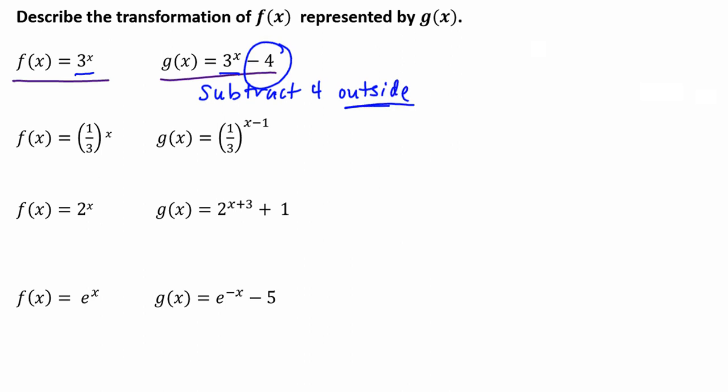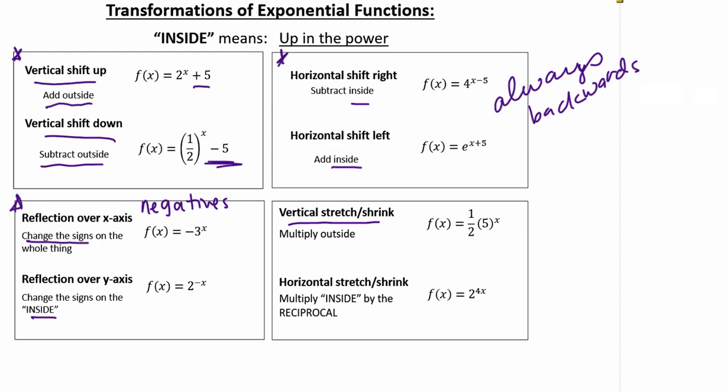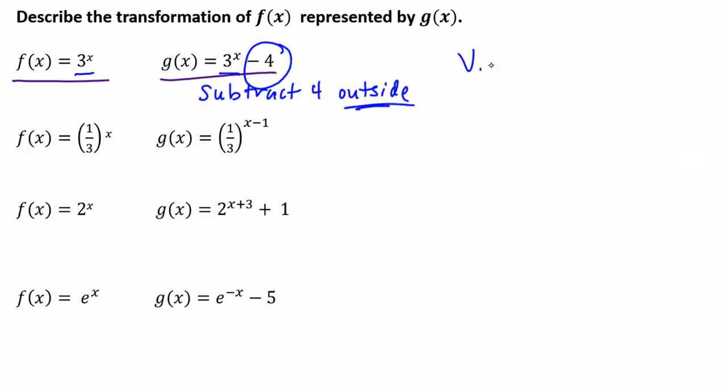That's the key word right there, outside. If it had been up in the power on the x, then it is quote unquote inside. So I'm going to go back to my reference. I'm going to say, okay, I subtracted outside, which means I had a vertical shift down. So I'm going to describe it as a vertical shift down. And then I say, well, how far did I shift it down by? Oh, you subtracted 4, so you went down 4.